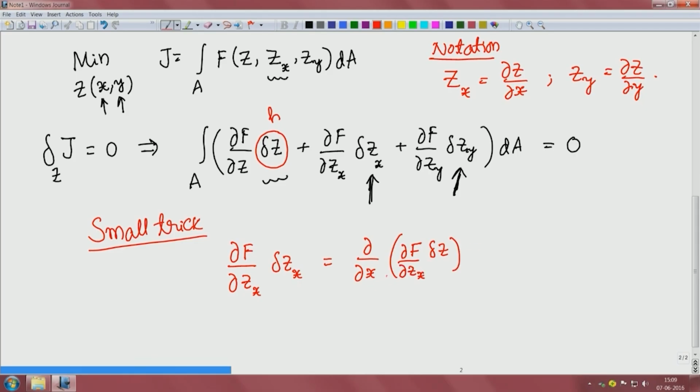Now, if I were to use the product rule and expand it, I will get this one, but I will also get what I will subtract now, because it should be on the other side. This will be dou by dou x of dou f by dou z_x into delta z.